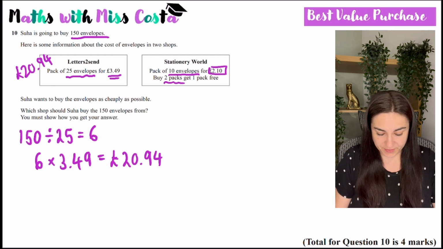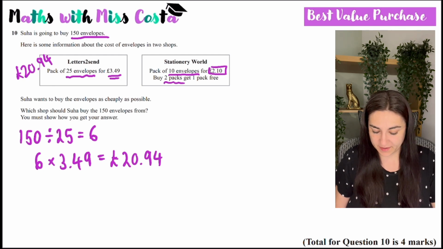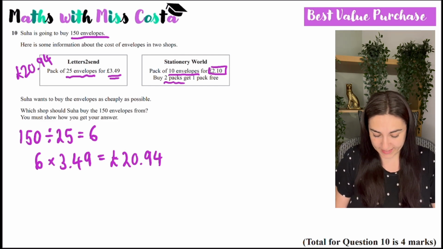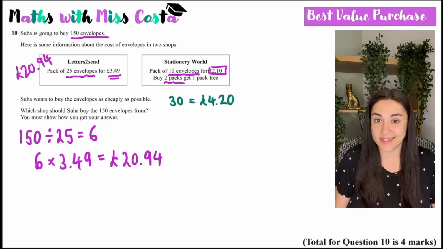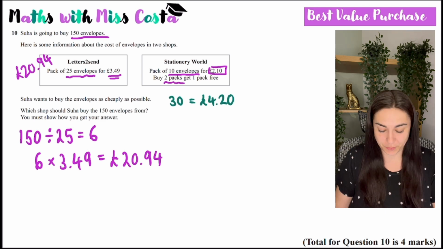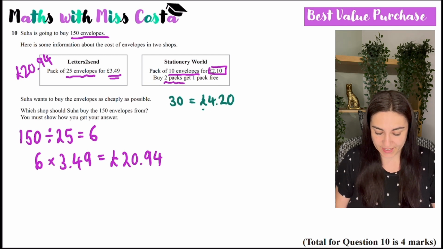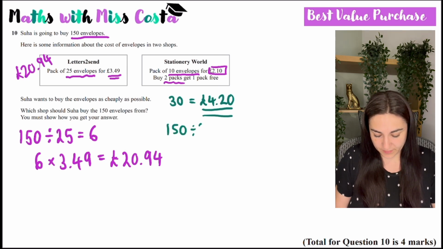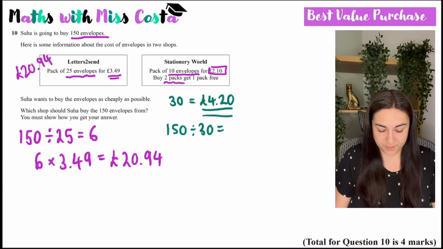Now, from Stationery World, she can buy a pack of 10 envelopes for £2.10, but if she buys 2 packs, she gets 1 pack free. So essentially, she can buy 30 envelopes for £4.20, because if she buys 30, she's essentially paying for 2 packs, and 2 packs would be 2 times £2.10, which is £4.20. So how many packs of 30 would she need to buy? Well, 150 divided by 30 is 5.